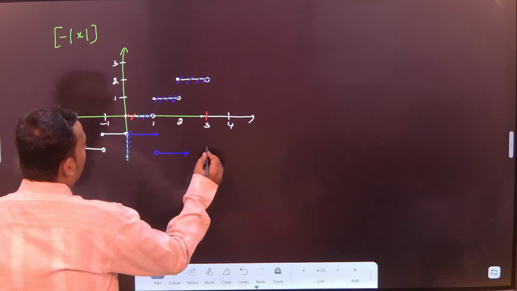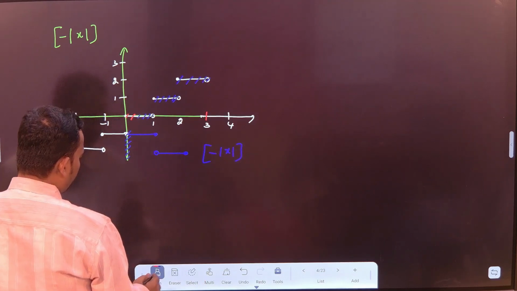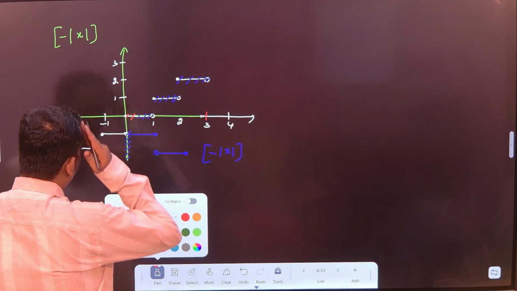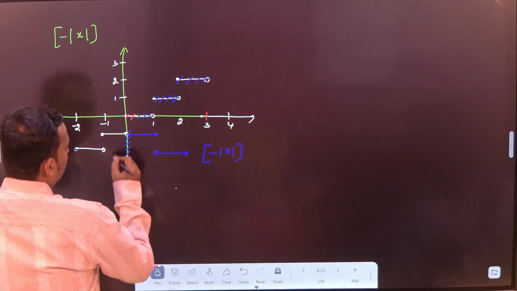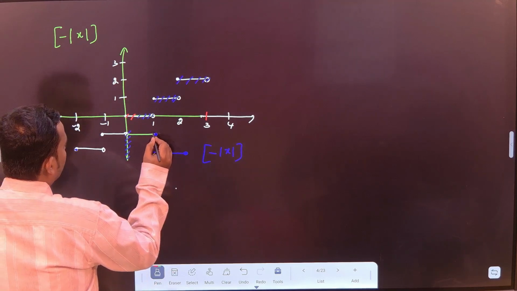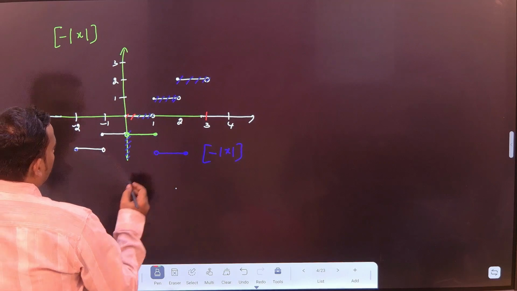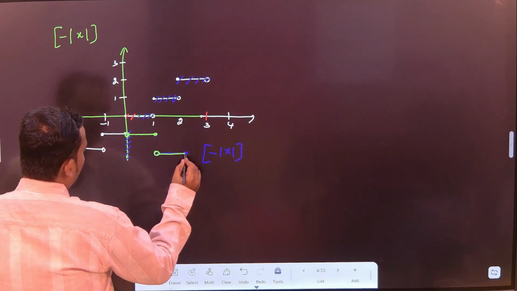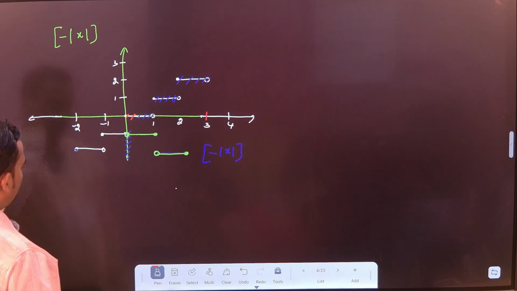Clear? This is the graph of the greatest integer function of minus mod x. Understand?